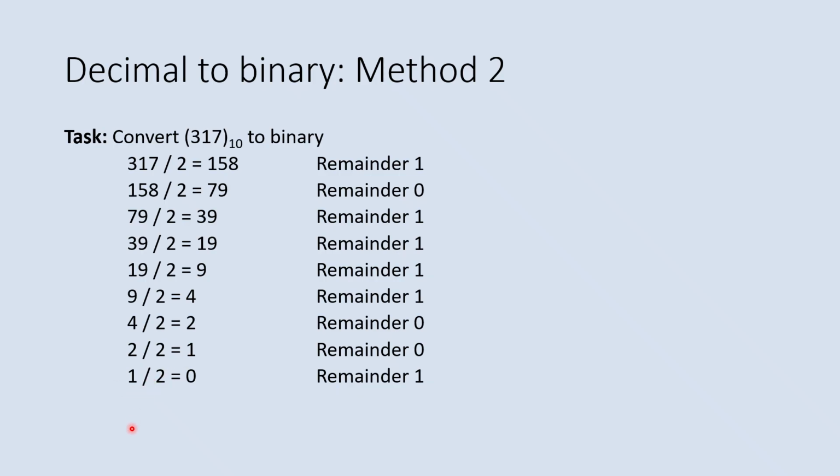Now 1 divided by 2 is 0 with a remainder of 1. So at this point, we have done all of the dividing by 2 that we possibly can. So the number of times we've divided by 2 corresponds to the biggest power of 2 in 317.